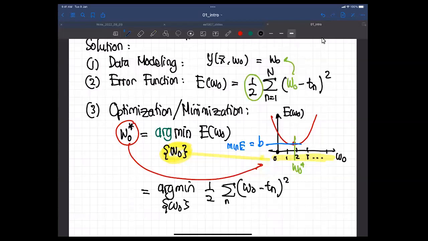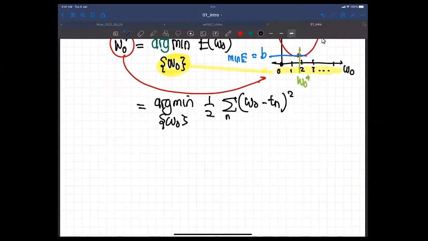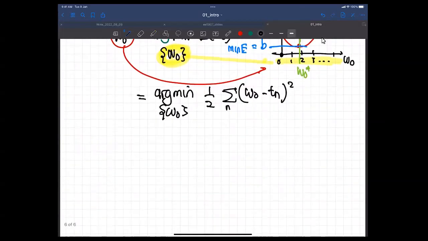Now the question is, how can we do the optimization? How can we solve this? Yes, because it's quadratic. Quadratic is something like this one, right?